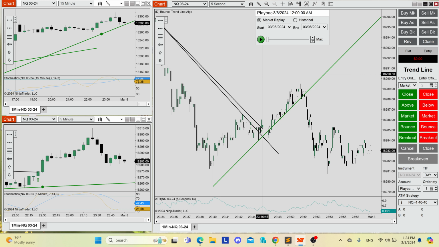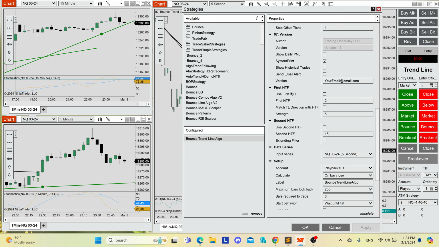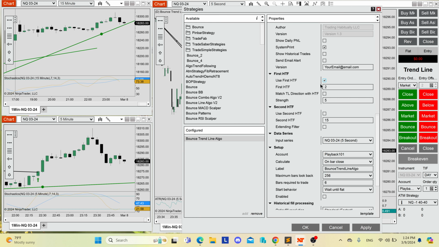For the first higher time frame, the conditions are it'll take this stochastic and make sure that the K line is below the D line, so this orange line below the blue line for shorts, and reverse it for longs.